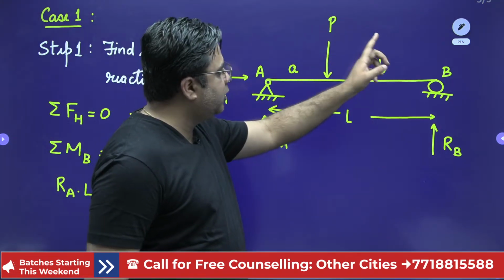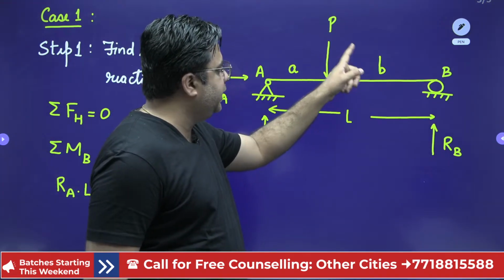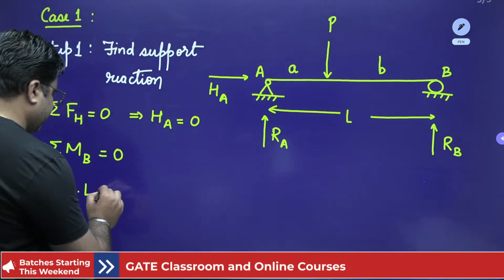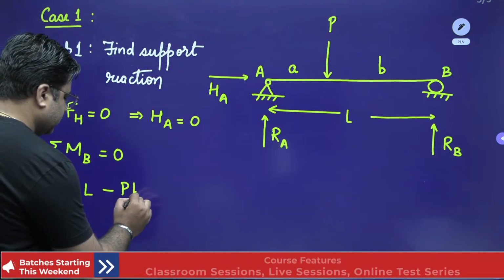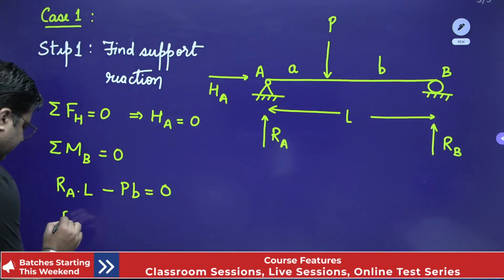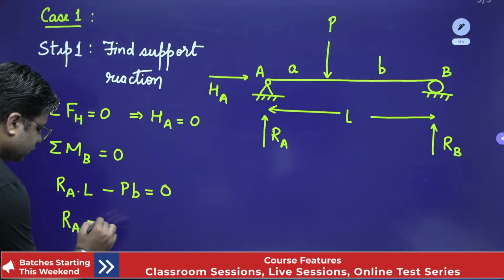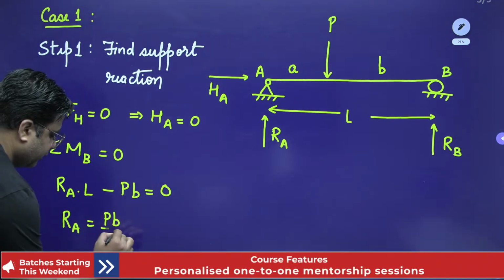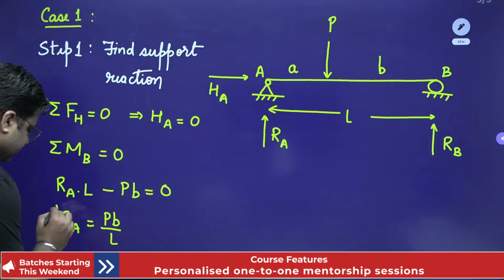The moment due to this point load about point B is P into B. So RA into L minus P into B is equal to 0. From here the value of RA comes out to be PB by L.